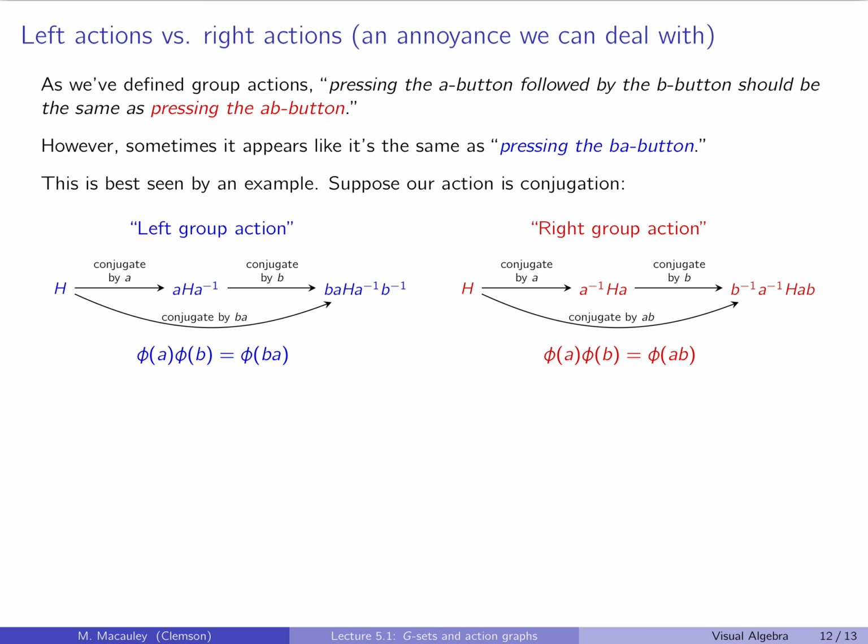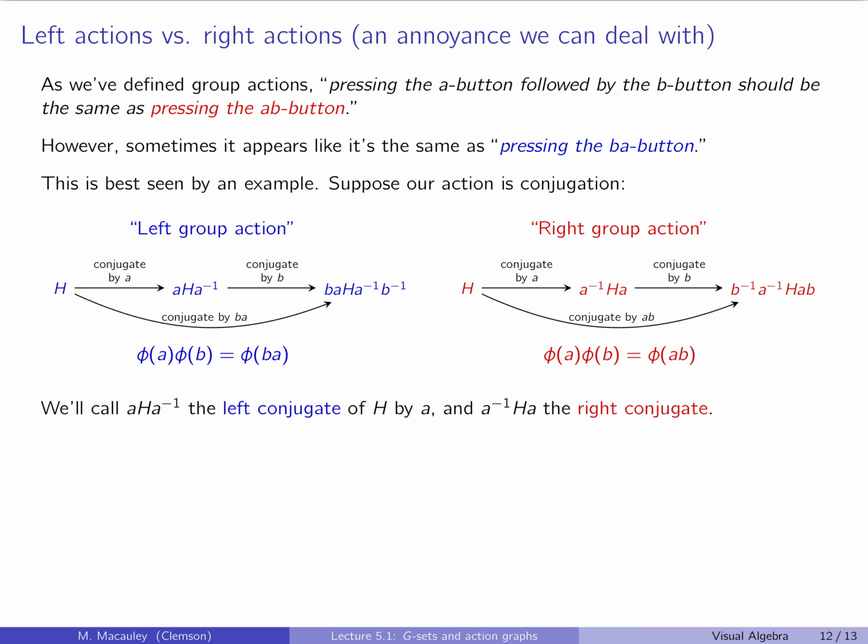However, if we conjugate by A in a different way, we say we right conjugate, that is, when we press the A button, H gets sent to A inverse H A, and then we conjugate by B in that manner, then that really is conjugating by AB. So right conjugating by A and by B is the same as right conjugating by AB.